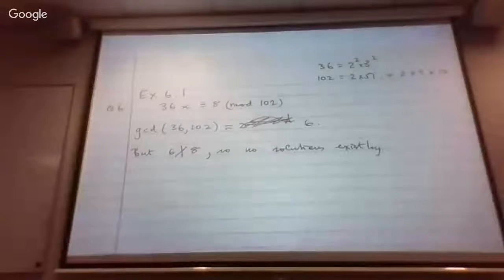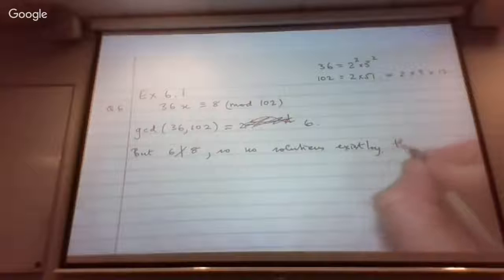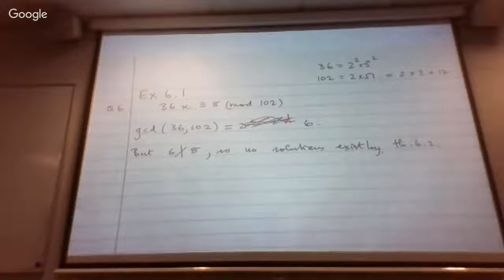So no solutions exist. No solutions exist by, let's just reference it by number, 6.2. Okay. So that shows you the power of the results. It's just obvious that there's no solutions to that.